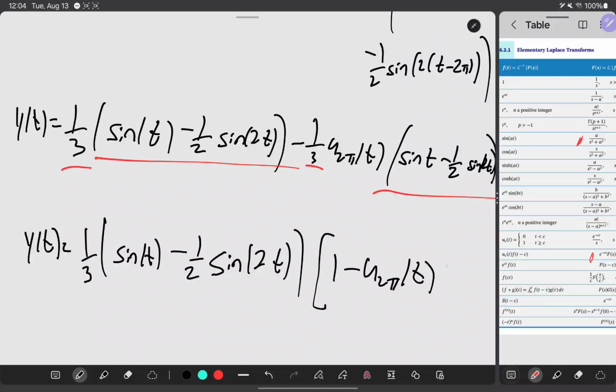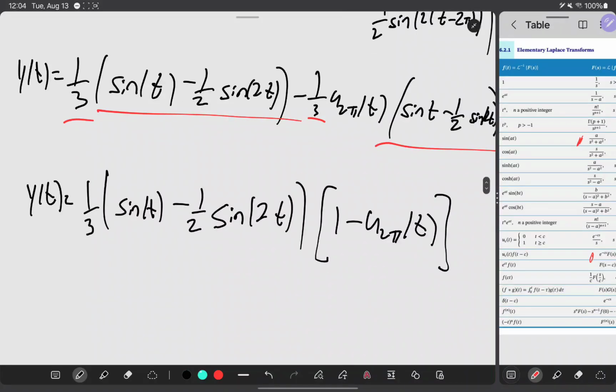I took out the 1/3. Phew. Where's the answer? Yeah, that's correct. You could get rid of the fraction on the inside there, but this is good enough.